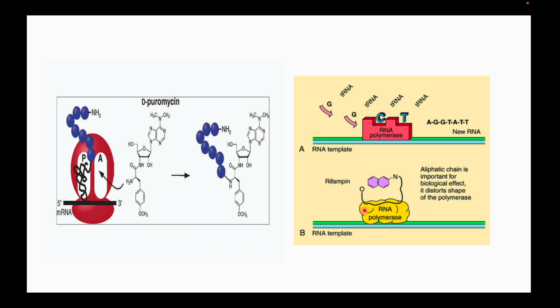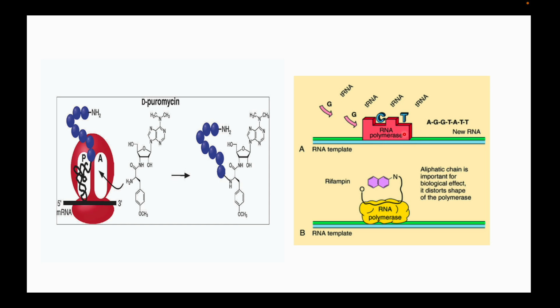And finally we have rifampicin. Okay, what rifampicin is doing is, here we have an RNA template and we have an RNA polymerase. So this RNA polymerase is polymerizing, and it is known as RNA dependent RNA polymerase. Why? Because we have an RNA template, this blue, and it is polymerizing on that RNA template. So it is RNA dependent RNA polymerase.